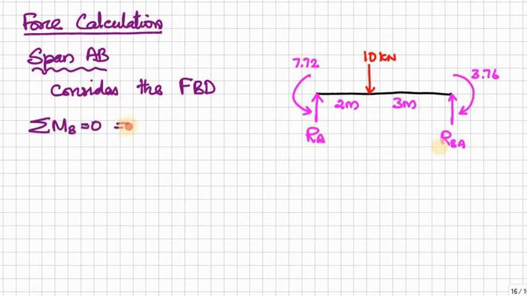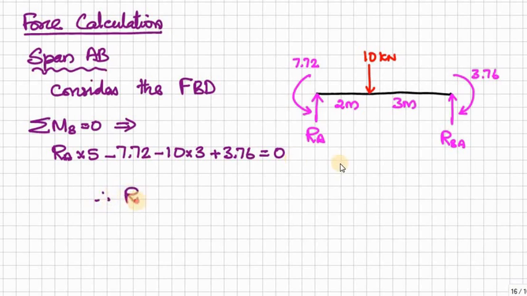So applying sigma m is equal to 0, RA into 5 minus 7.72 anti-clockwise direction minus 10 into 3 plus 3.76 clockwise, which is equal to 0. Therefore, RA is equal to 6.79 kilonewton.